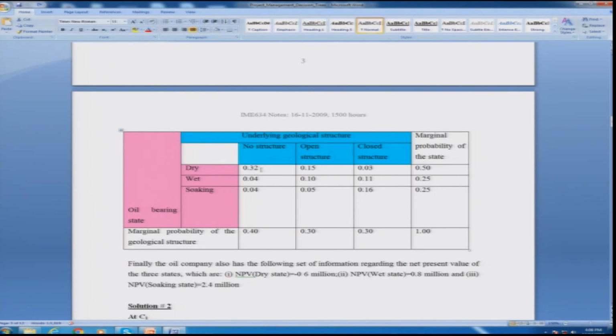Now, the values given inside are provided. It means that given no structure and dry, the conditional value is 0.32, or for example, with soaking and closed it is 0.16 or 16%. So, you will have the different values which are given.